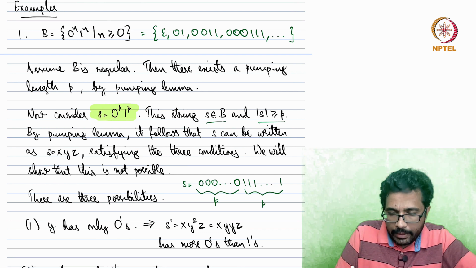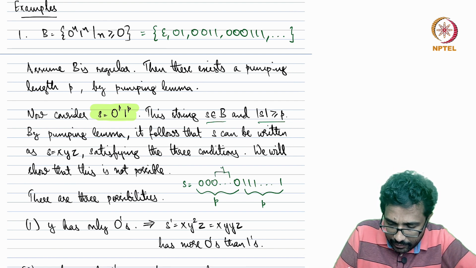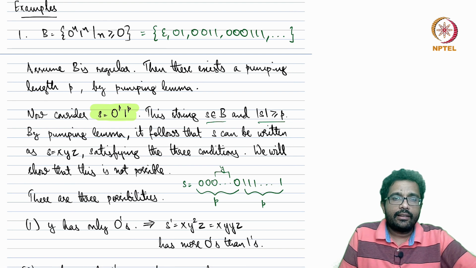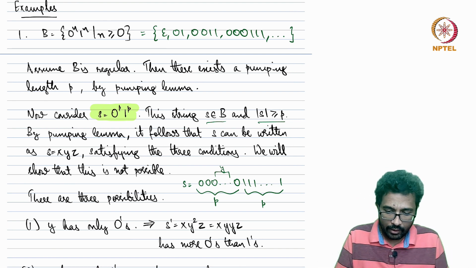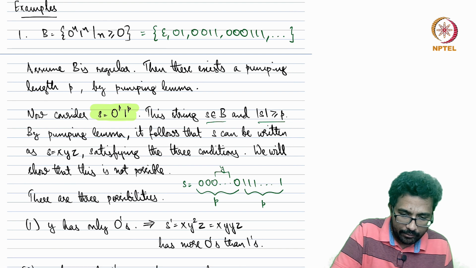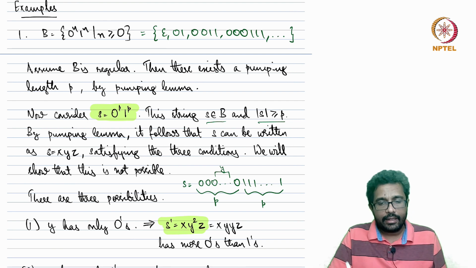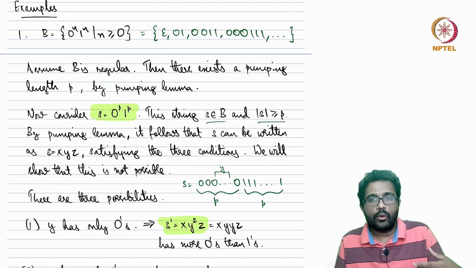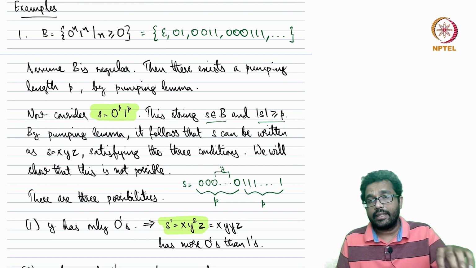So, y could be entirely in the 0 part. If y is entirely in the 0 part, let us say y is somewhere here, then the problem is that condition 2 says that y is not an empty string. Which means y has at least one 0. If you consider x y square z, let us say I call S prime as x y square z, or in other words x y y z, this has one more y than what S had, which means S prime has more zeros than ones because y is entirely zeros.